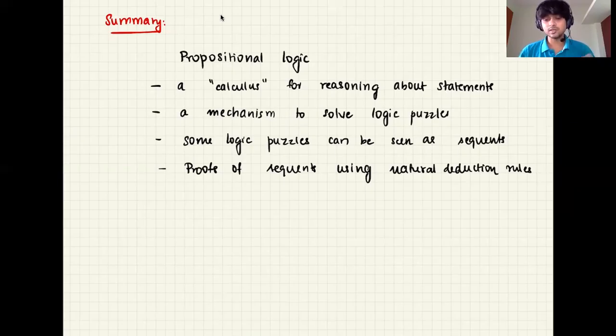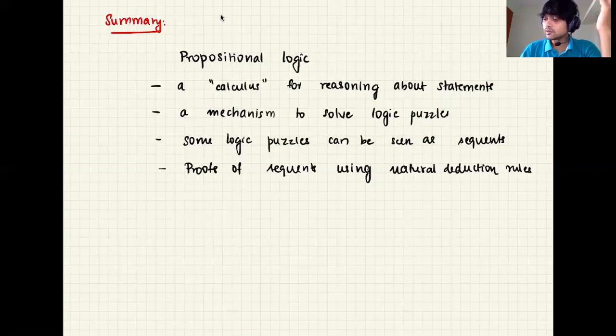Sometimes you are given arithmetic questions where you say let x be this, let y be this, and from the question you derive 2x plus 3y equal to 4, 7x plus 8y equal to something, and then you solve for x and y. That was arithmetic. Here it's propositional. From the given question you have P, and you have P implies Q, then you can derive Q. That is the analogy.